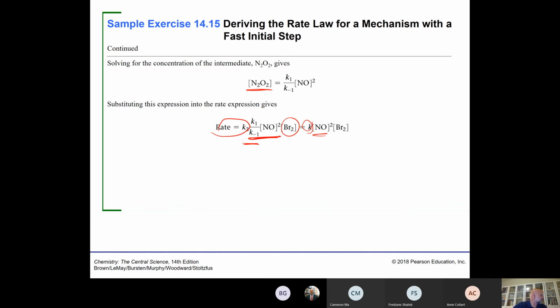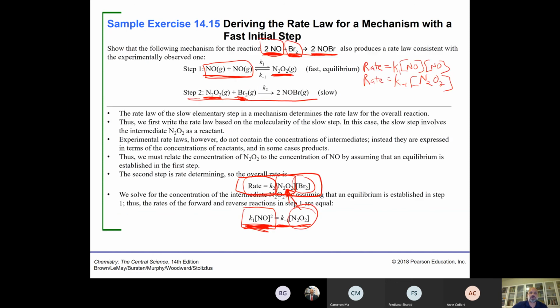Correct, Annie. Annie's saying basically we need the concentration of the N2O2, which is an intermediate, and we get that from the first step. Correct. Since this is a two-step process, step 2 is dependent on how much N2O2 forms. We have to form N2O2, and since step 1 is in equilibrium, the amount of N2O2 that exists is dependent on that equilibrium reaction.